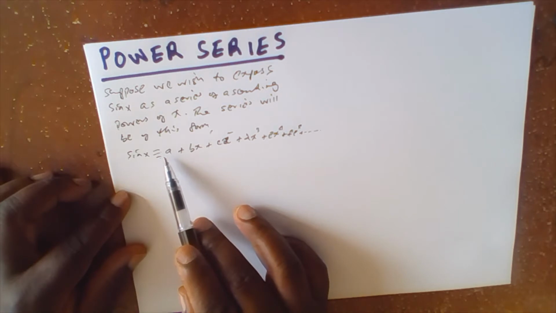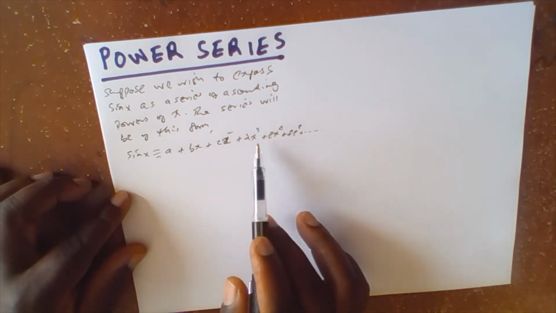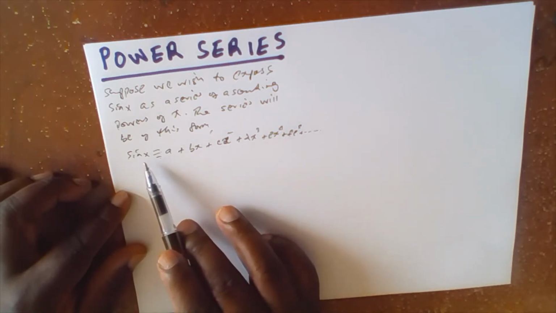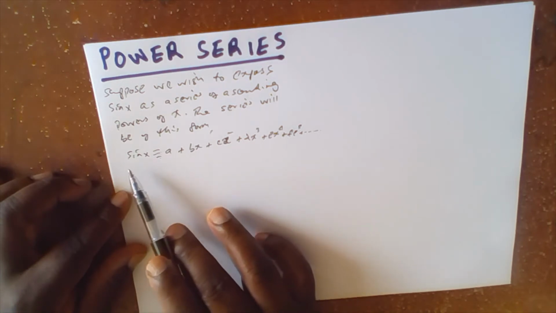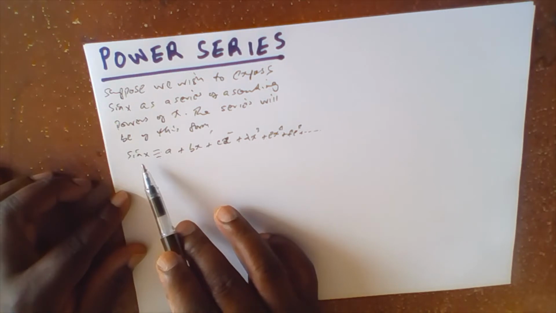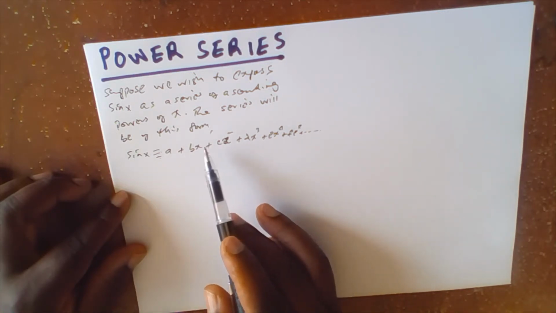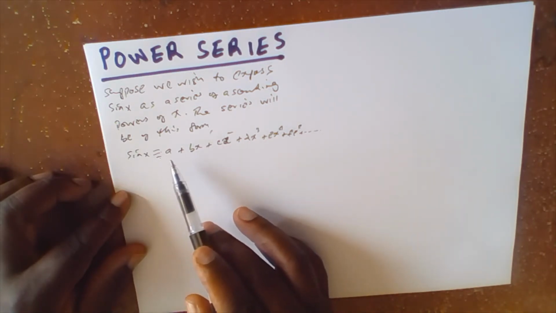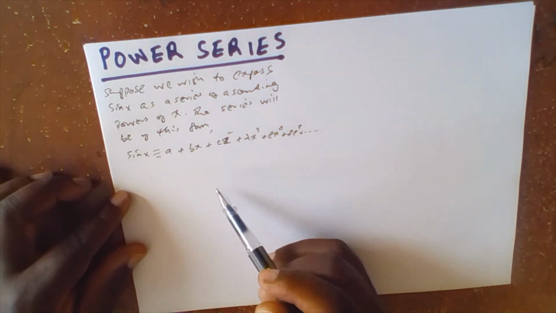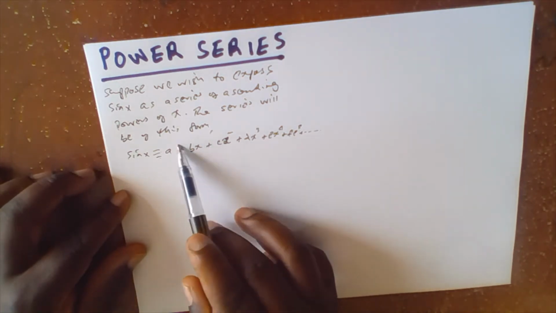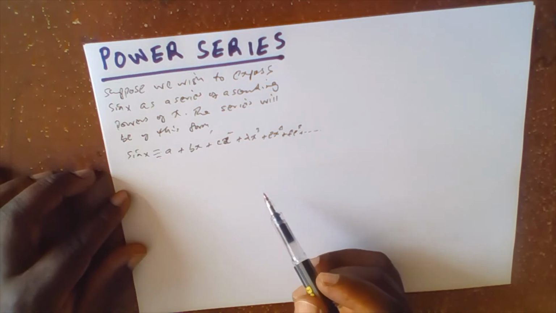The right hand side is not equal to the left hand side, but we are saying that the left hand side is the right hand side expressed in a different form, and therefore the expression is true for any value of x that we would like to substitute in this statement.